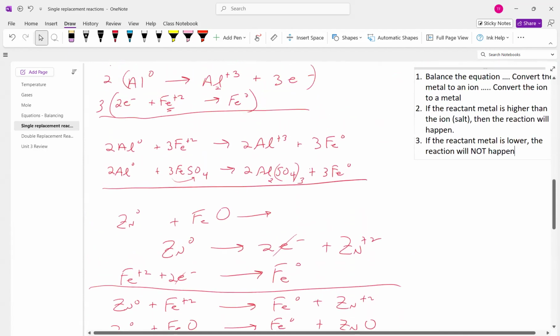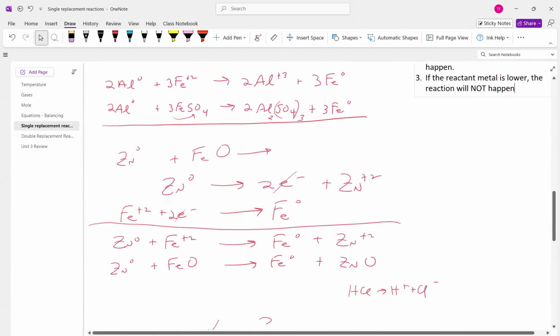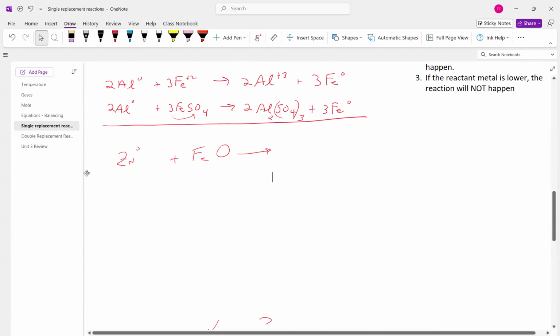All right, so let's look at this guy here. Okay, so we have zinc metal and ferric, excuse me, iron 2 oxide.